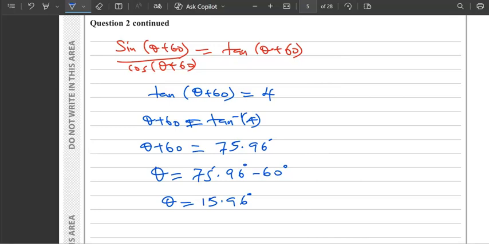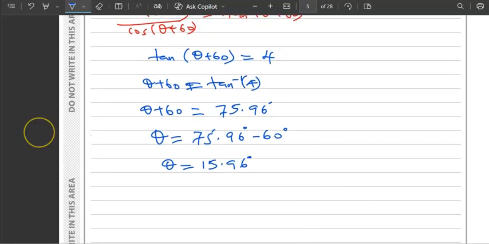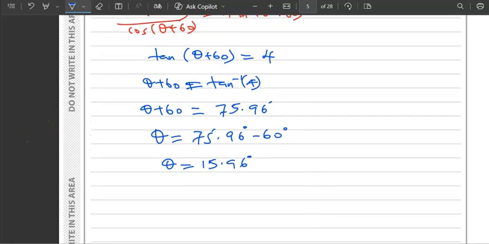And remember, expressing this solution to three significant figures, our theta will be equal to 16.0 degrees, and this becomes your solution.